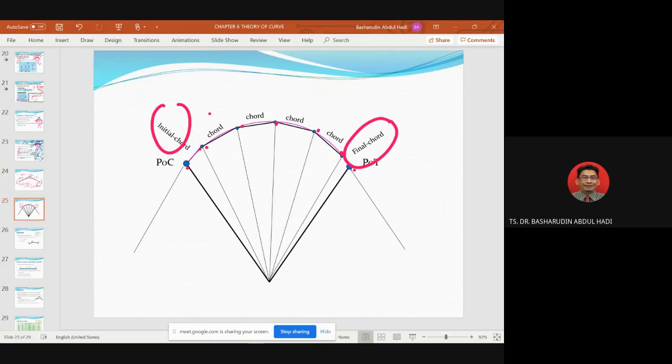For the intermediate chords, normally the deflection angle is the same and the tangent length of the chord is also the same. The rest two, final chord and initial chord, are not the same.